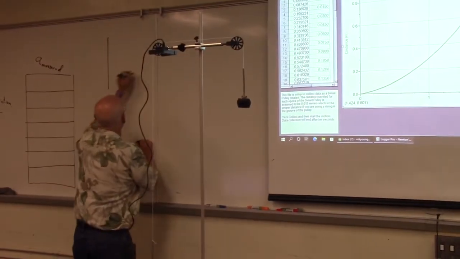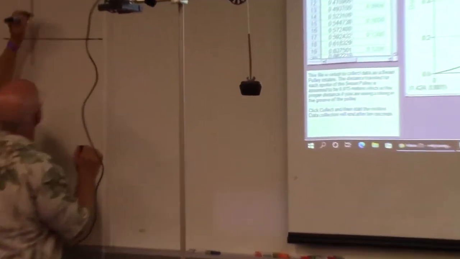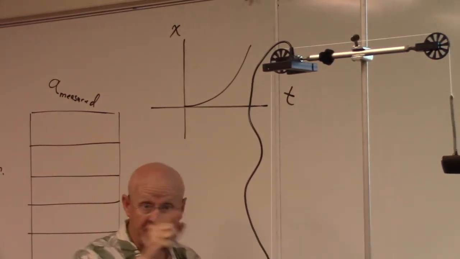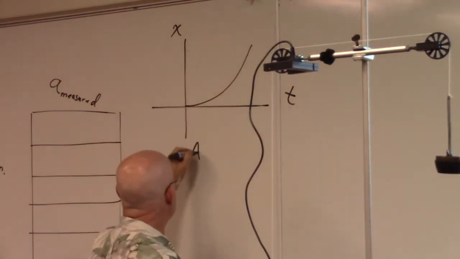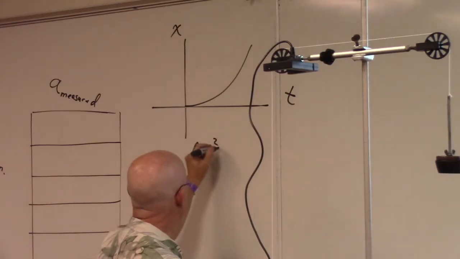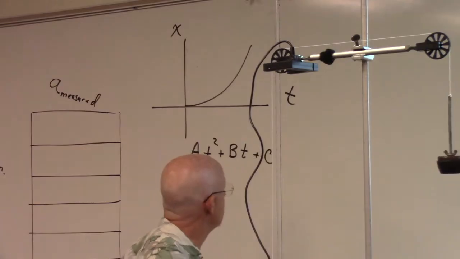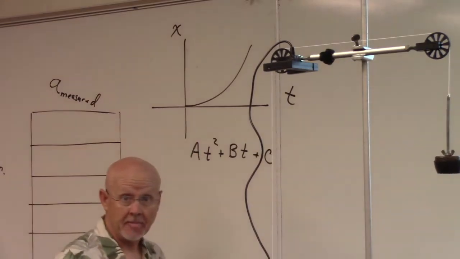When we plotted distance versus time, and we had this parabola, and we curve fit it, we got something that said capital A t squared plus capital B t plus C. And that was our curve fit.